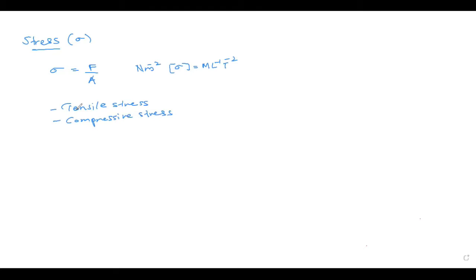If we subject a material to a tension, the stress in that material is tensile stress. If we compress a material, it will be under compressive stress. And then we talk about strain.